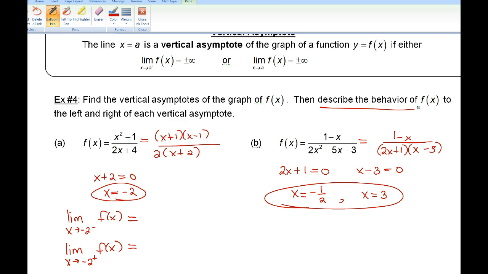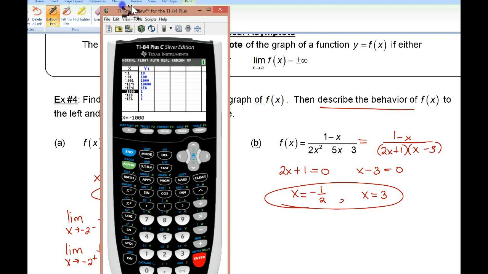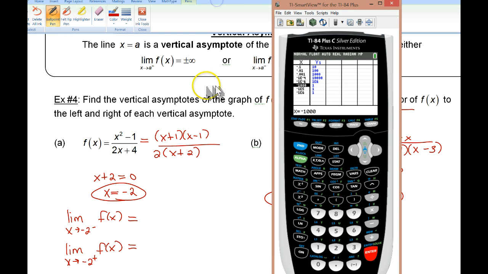If we plug this into our calculators, on the left, is it going to go to positive or negative infinity? We know it's got to be one of them because it's a vertical asymptote. We just have to figure out which one. Since it's on the negative side of 2, does that mean negative? Not necessarily.